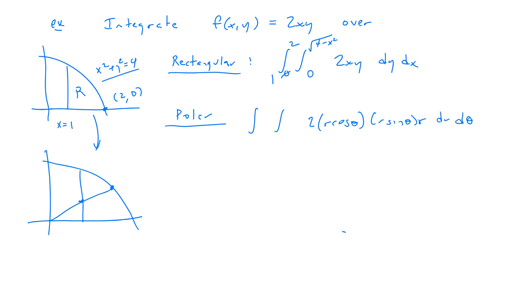This is x equals 1. So first thing is we have to rewrite it. So x equals 1 is the same as r cosine of theta is equal to 1. So in terms of r, what is this inside function?